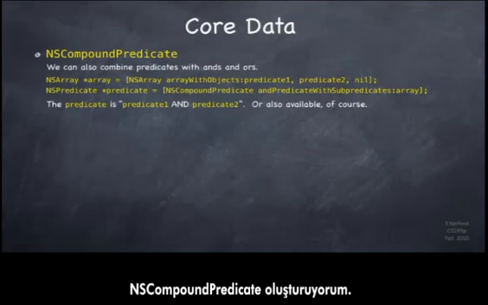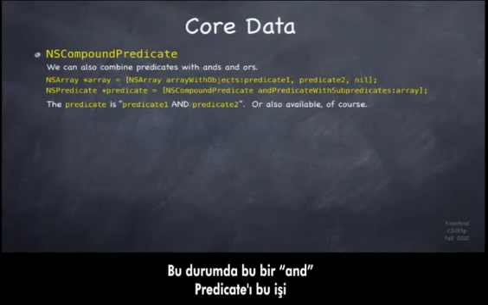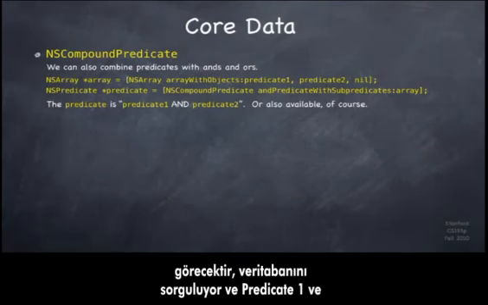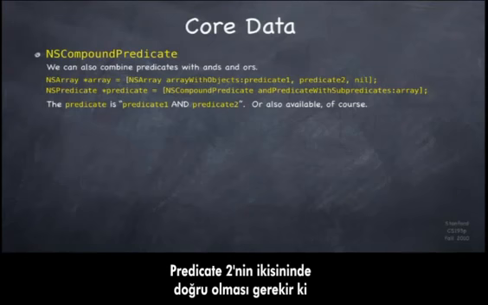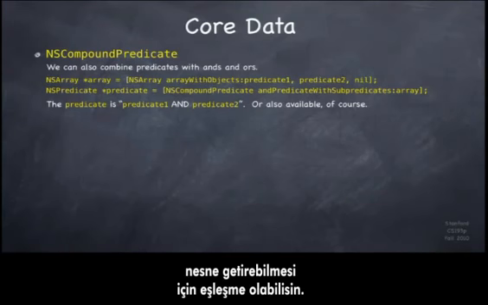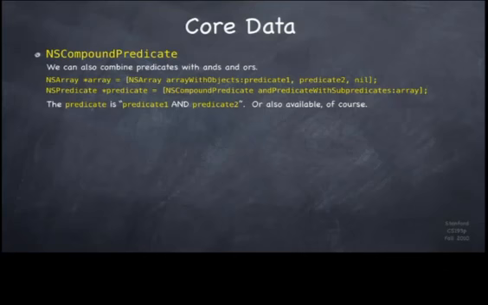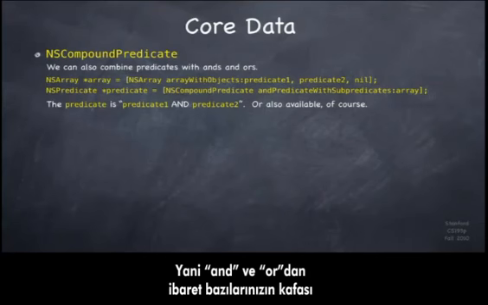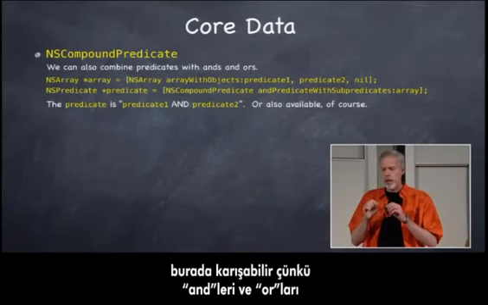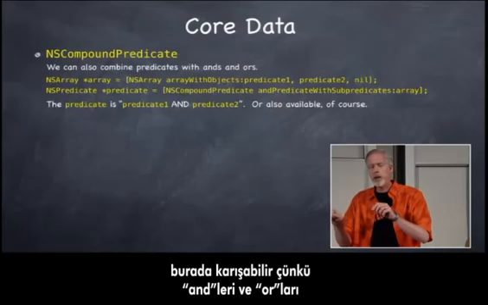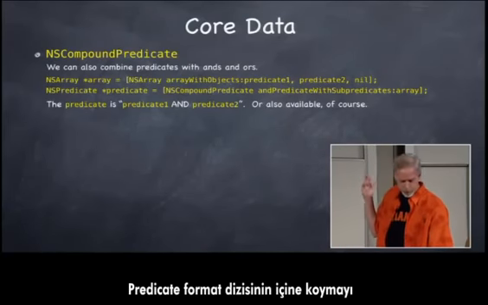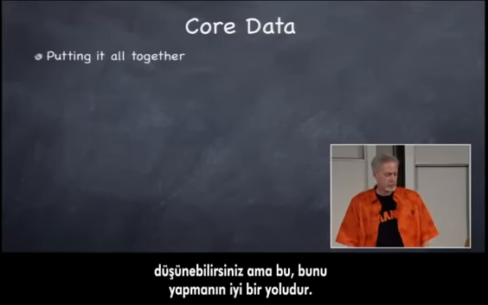In this case, it's an and predicate, and that would make it so that it's querying into the database, and predicate 1 and predicate 2 would both have to be true to match and return an object. Does that make sense? So there's and, or. Because some people get confused here because they're thinking they want to put the ands and ors inside the predicate format strings, but this is a good way to do it.